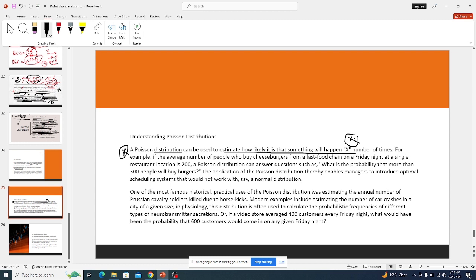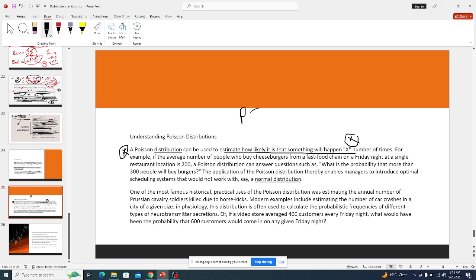In this case we will use the Poisson distribution to determine the probability that we will get more than, let's say, 300.